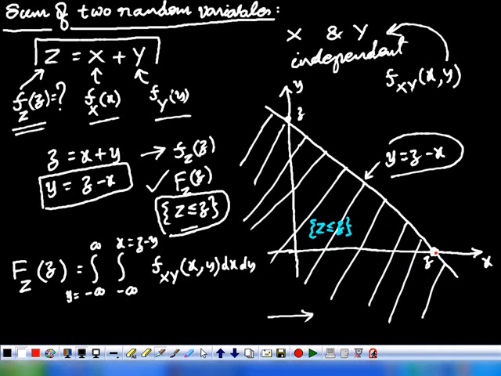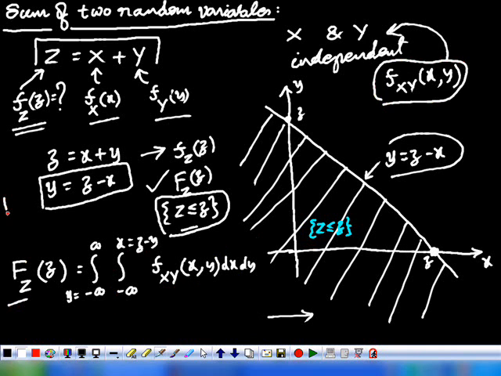In this case, x is z minus y. So that's what I have written as minus infinity to z minus y of f_XY(x, y) dx. That is, if you integrate the density function twice, you will get F_Z(z).